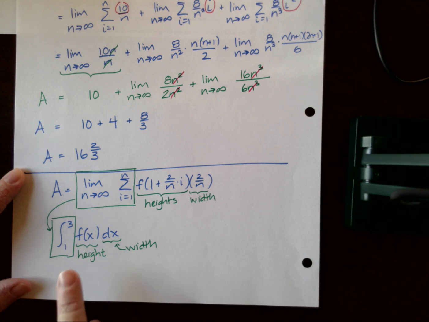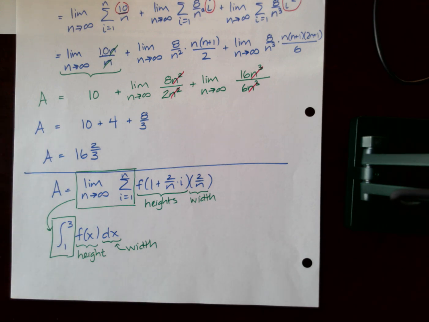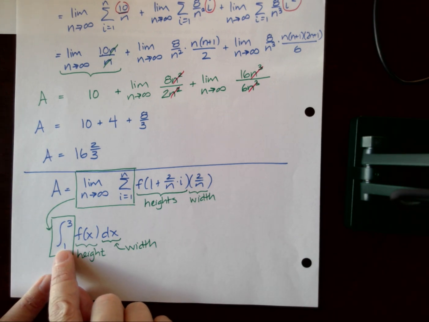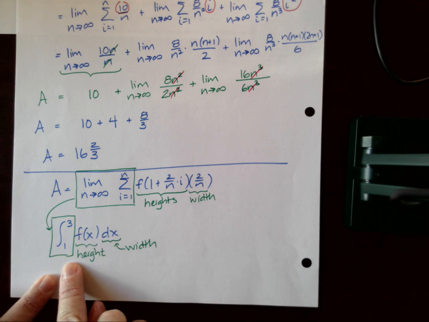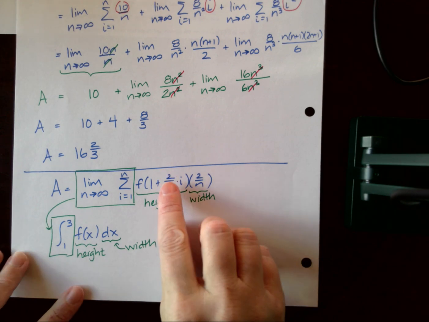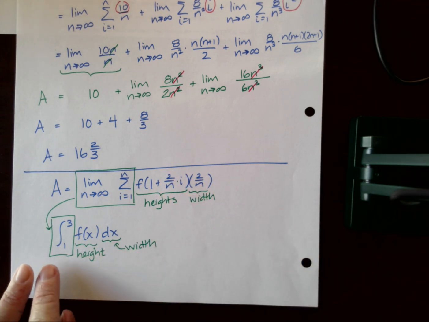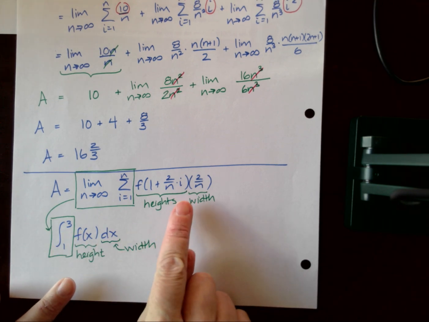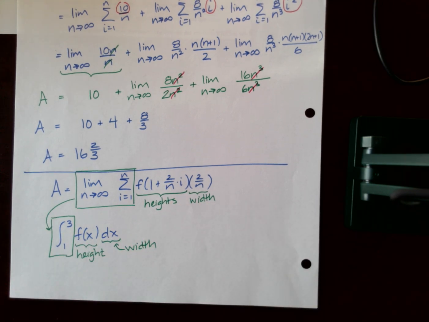What do they do? You might have noticed that one thing we don't see a whole lot in here, like this has the 1 to 3 on here. That gap of 2 on the number line, 2 units between our start and our end, that's hiding up here in the 2 over n. But the specifics of 1 to 3 are not as noticeable down here.